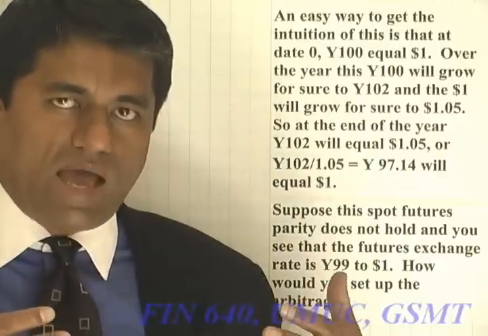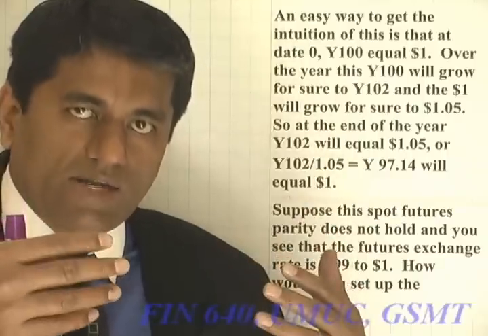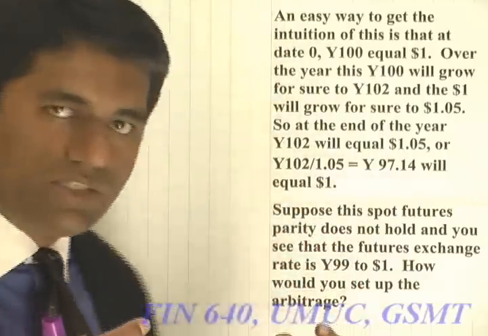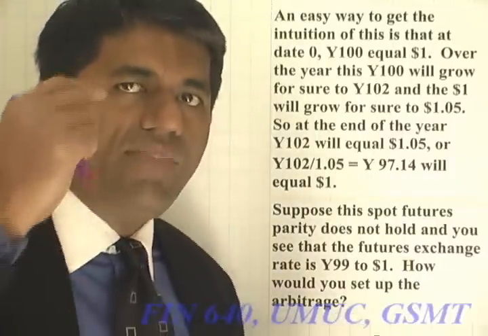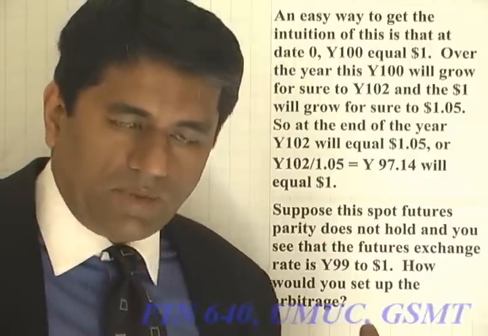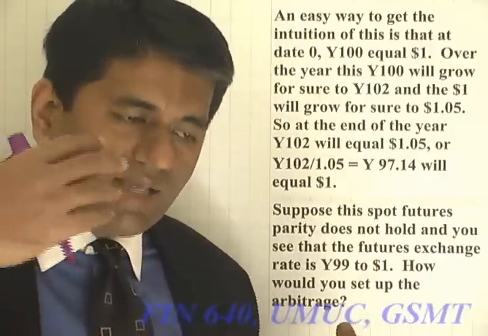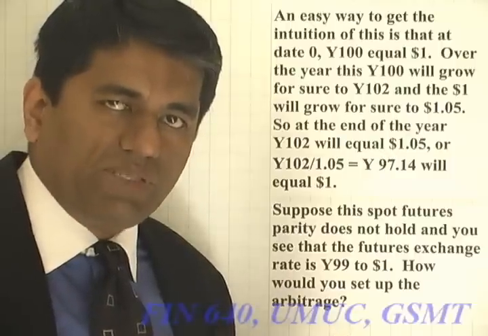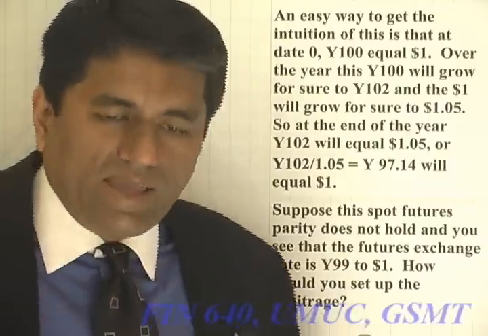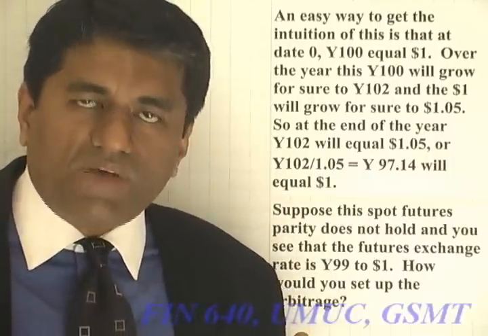So a year from now, 102 yens should equal $1.05, and that is what the futures rate must be. Because the futures rate fixes today the price at which the trade will happen a year from now. And these trades can be arranged today itself at the riskless rate.